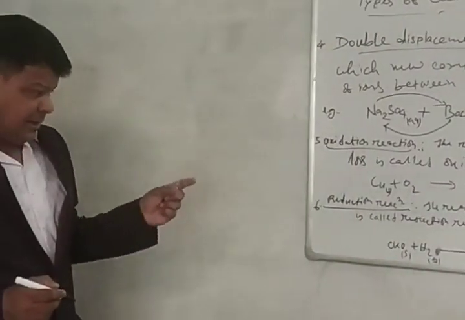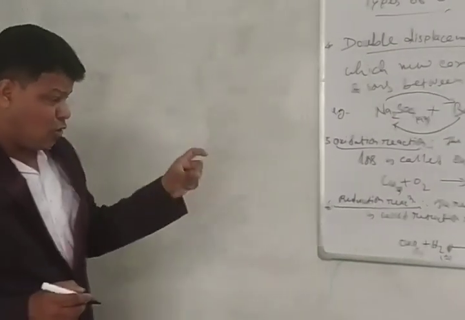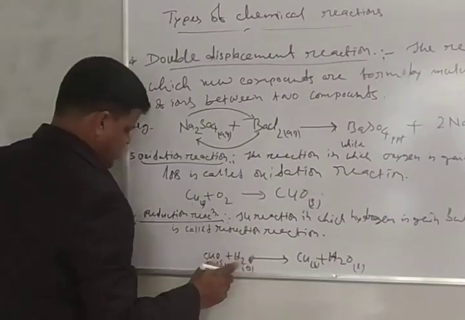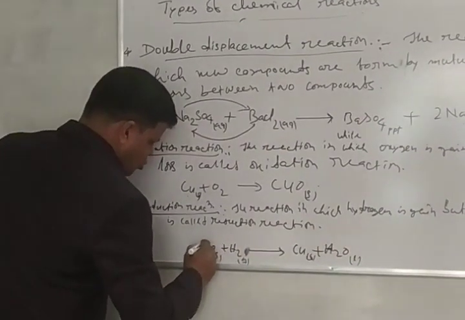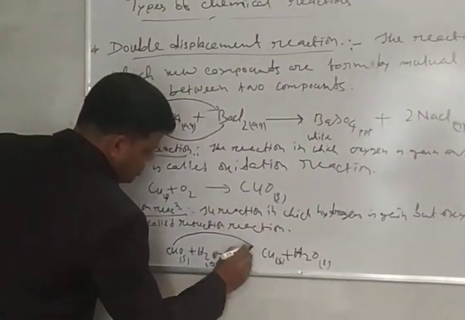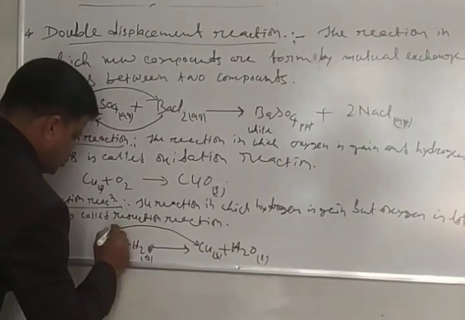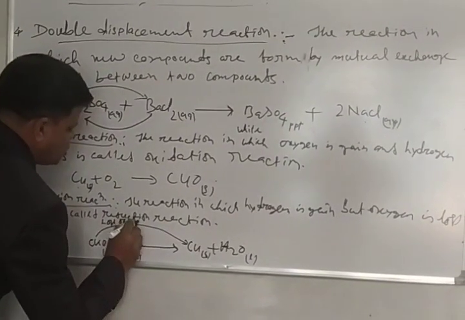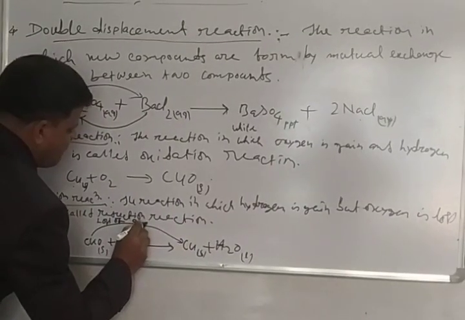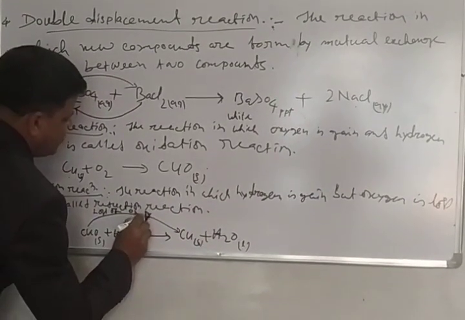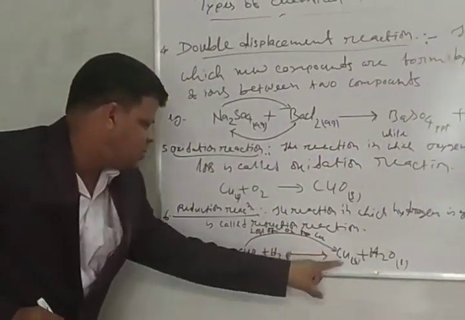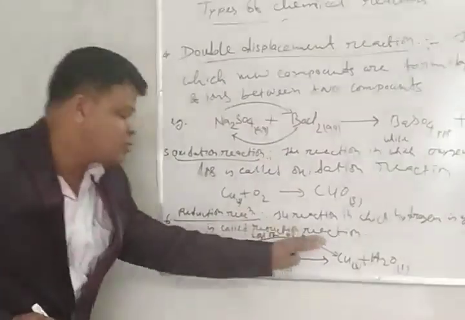See, in this reaction both oxidation and reduction are taking place. First of all, there is loss of oxygen from copper. What happened? Reduction is taking place.